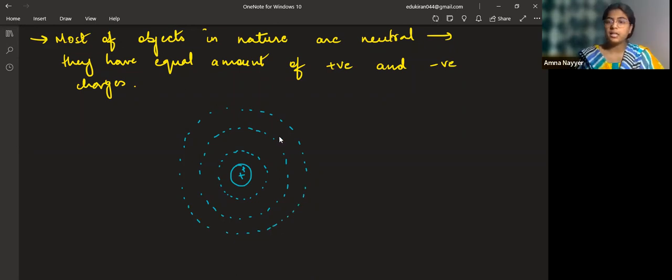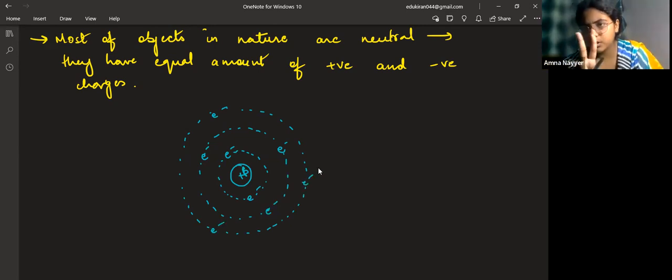What is required here is that protons are held within the nucleus, while the electrons revolve around it in their own spherical circular orbits.